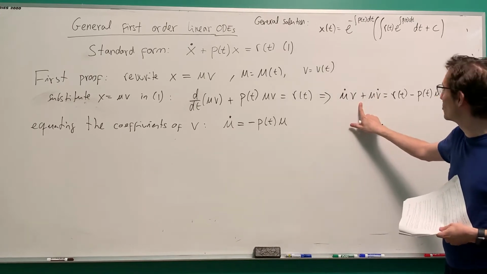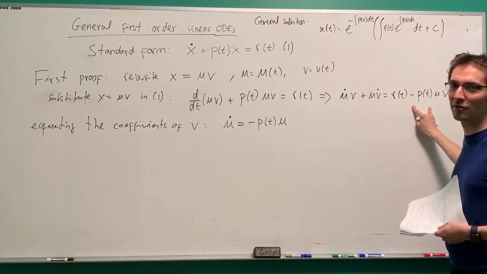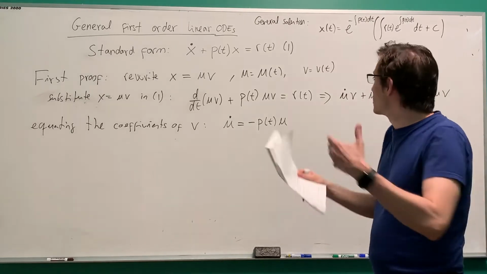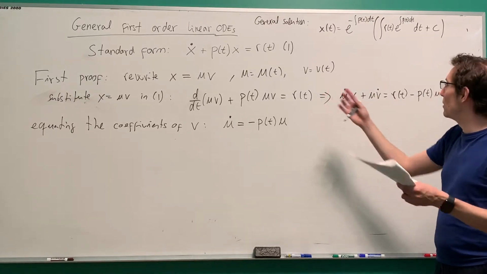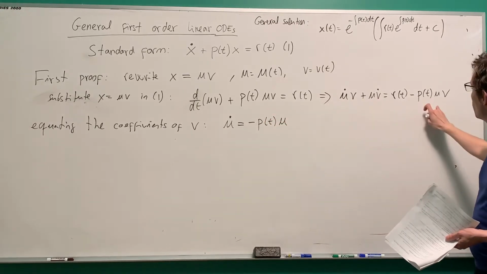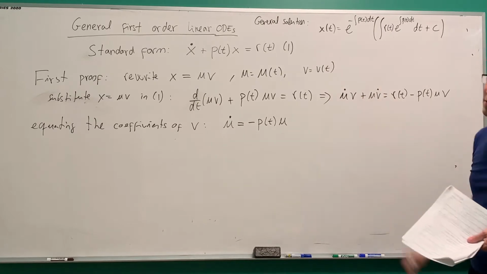The rest of things that we have not considered here has to be equal to the rest of things that are not considered here. So this is a particular splitting of things, right? Because u and v are arbitrary, we can choose u and v so that the coefficients of v are the same on both sides, and then the rest is equal to whatever is the rest on the other.